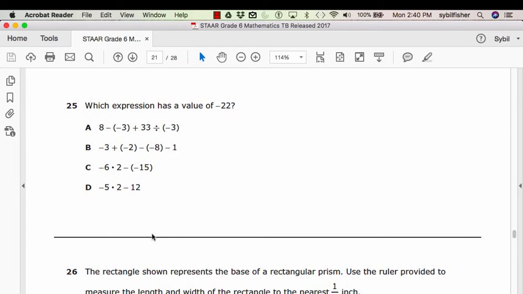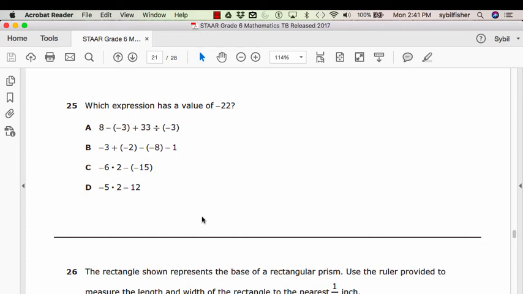25. Which expression has a value of negative 22? A, 8 minus (negative 3) plus 33 divided by negative (negative 3).